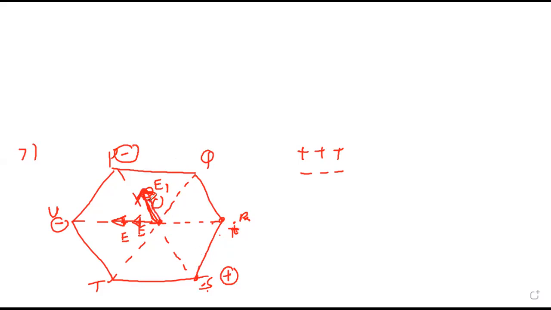If S is positive, then it will be outward. If Q is positive, what will happen? Q positive, then it will be outward. And if Q is negative, then for P, Q, R, S we want the answer to become double.